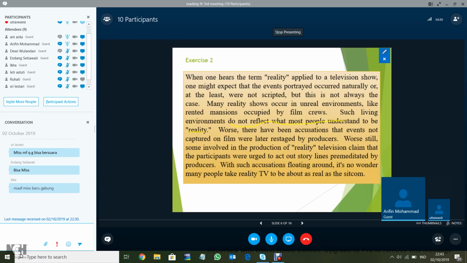Orang mungkin, oke, okay, one might berarti orang mungkin. Situasi sehari-hari.